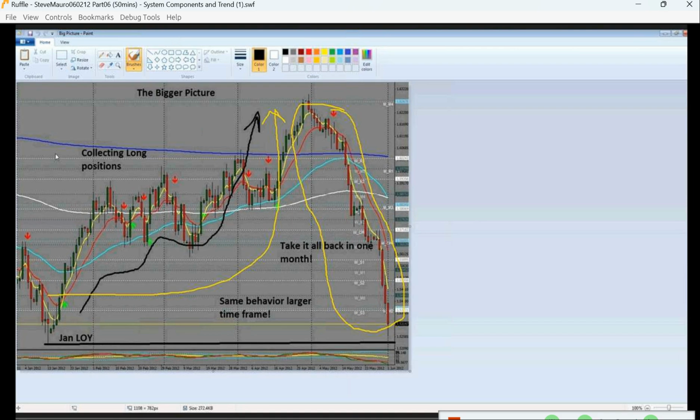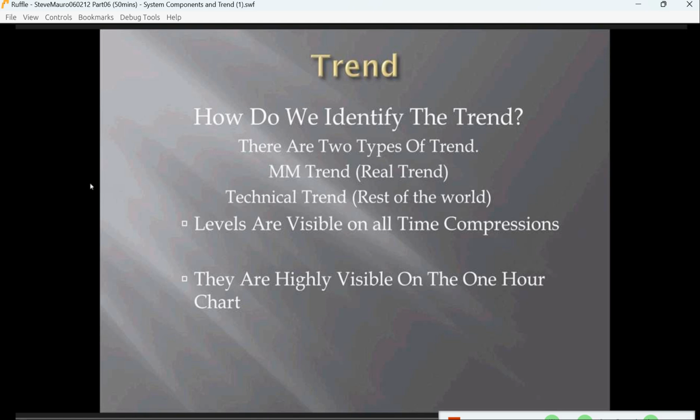By making them buy. So that's the difference between the patsy trend or the sucker's trend versus the real trend with what I know I'm going to do.